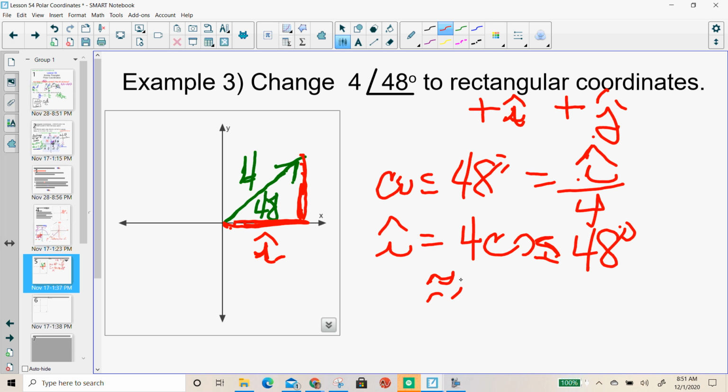We got it. Hit enter for me. And mostly I'm seeing 2.677. If we didn't get that, it's probably a calculator entry error, or maybe your settings aren't on degrees. 4 cosine 48 should give 2.677 for I hat.